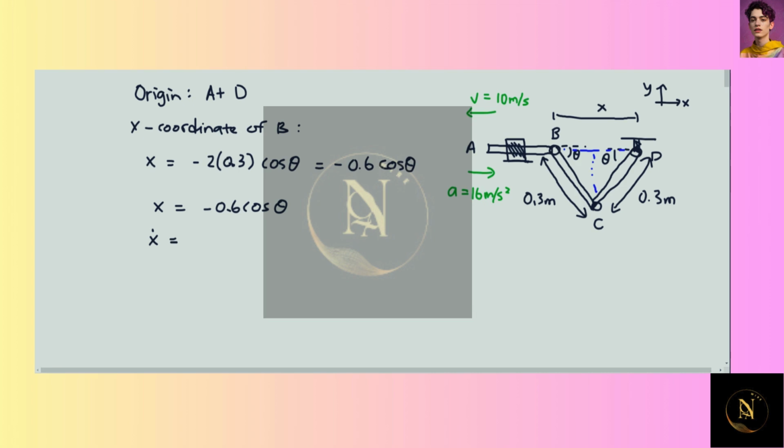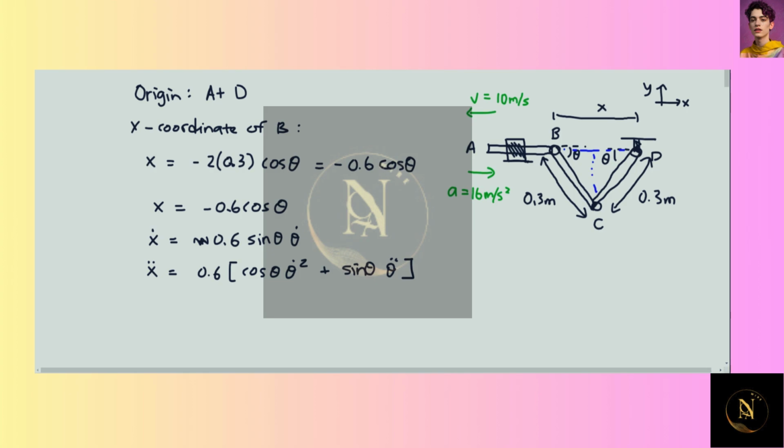So x dot is minus 0.6 sine theta dot, and then x double dot is 0.6 cosine theta dot square plus sine theta double dot.